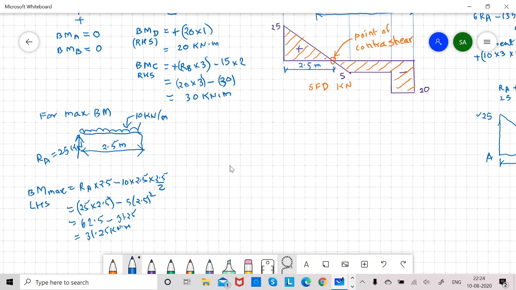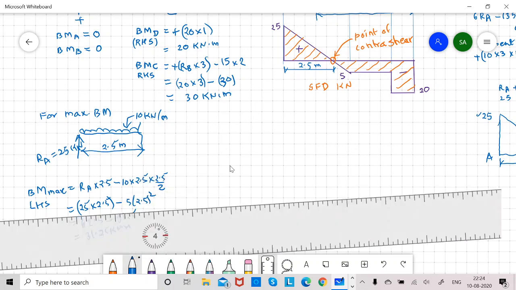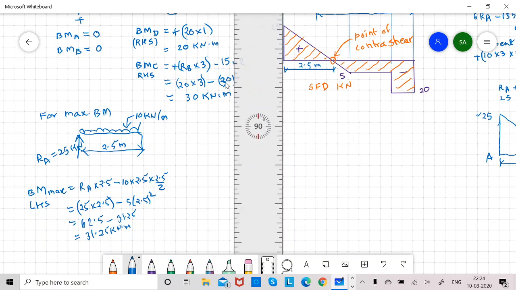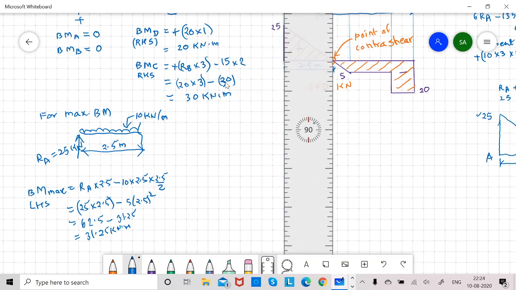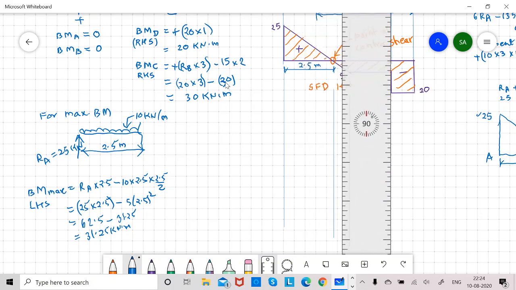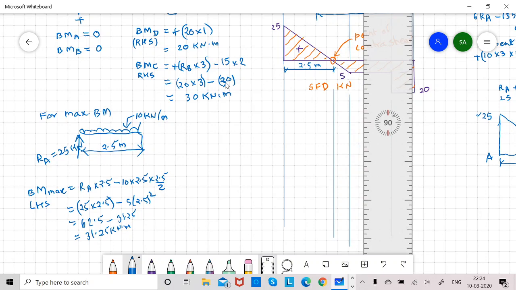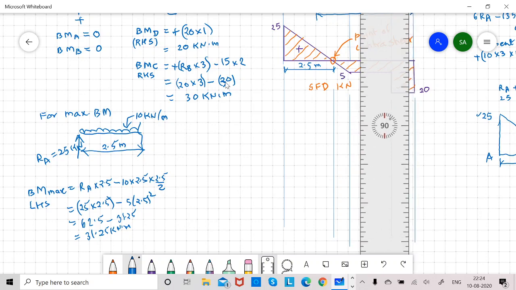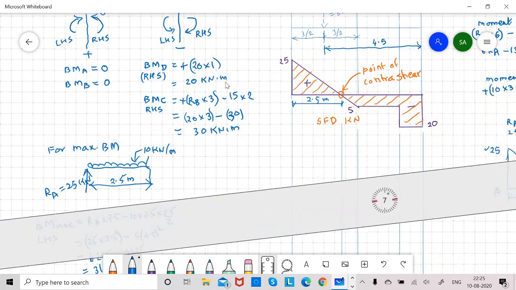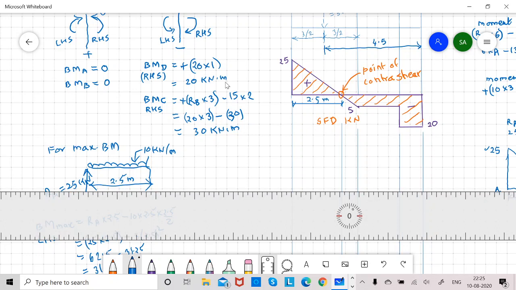Now let us draw the bending moment diagram. For that, I will project the lines of the load. This is A, this is the point of maximum bending moment, this is C, D, and B. To start with, I will draw the baseline first.